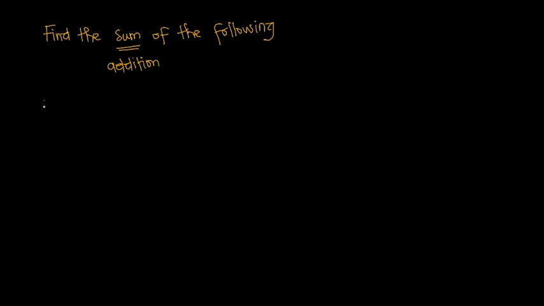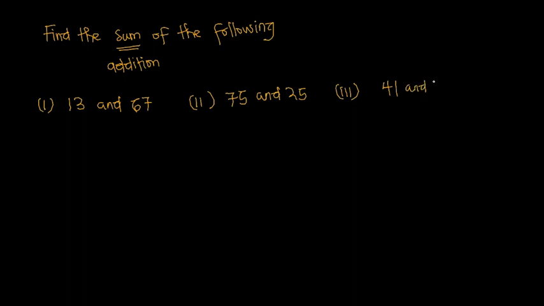Right, so we have to find the sum of 13 and 67, 75 and 25, 41 and 19. Alright, so let's go ahead and look at the solution for this problem.